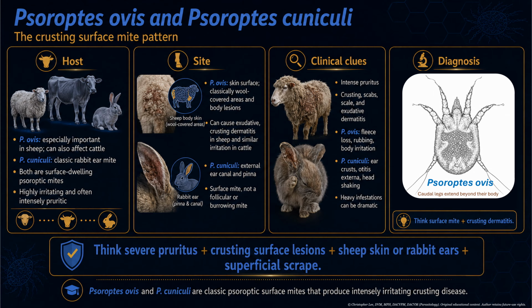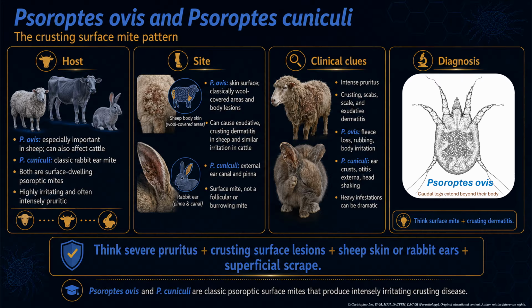These mites do not burrow like Sarcoptes. They remain on the skin surface, where feeding and the host's inflammatory response produce intense irritation and exudate. In sheep, think severe pruritus, rubbing, fleece loss, crusting, scab, scale, and exudative dermatitis. The mites stay superficial, but the clinical reaction is anything but superficial.